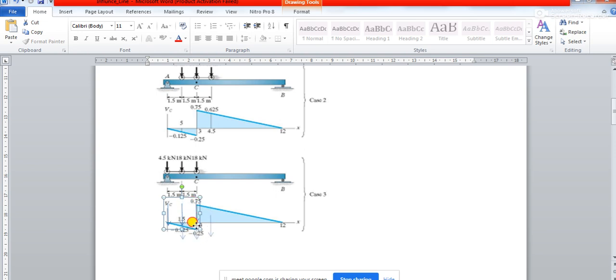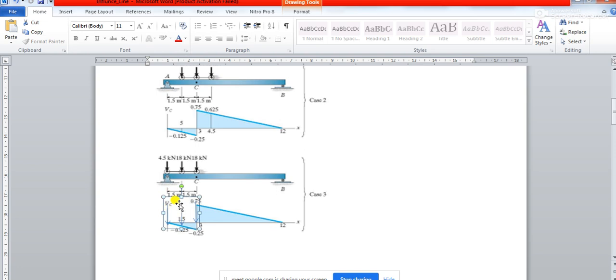So once there is a drop of this load, observe this 4.5 kilonewton load very carefully. This is the head of the load, and it is moving up the slope.